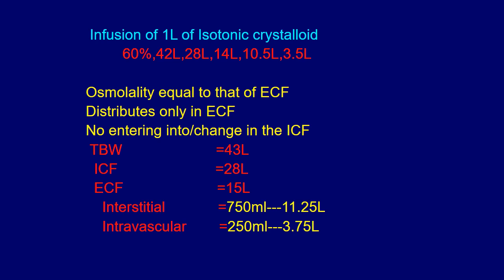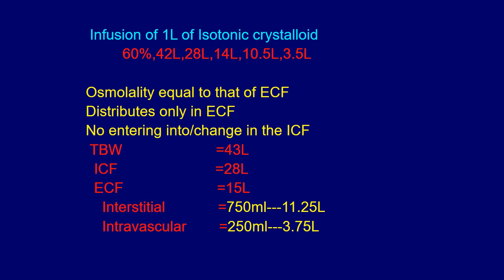And to recapitulate what we learned earlier, we said 60% of the body weight is due to water. So out of 70 kilograms, 60% is 42 kilograms, and since density of water is 1, 42 kilograms equals 42 liters. We have 42 liters of water in our body, and out of that 66% is in the intracellular compartment.